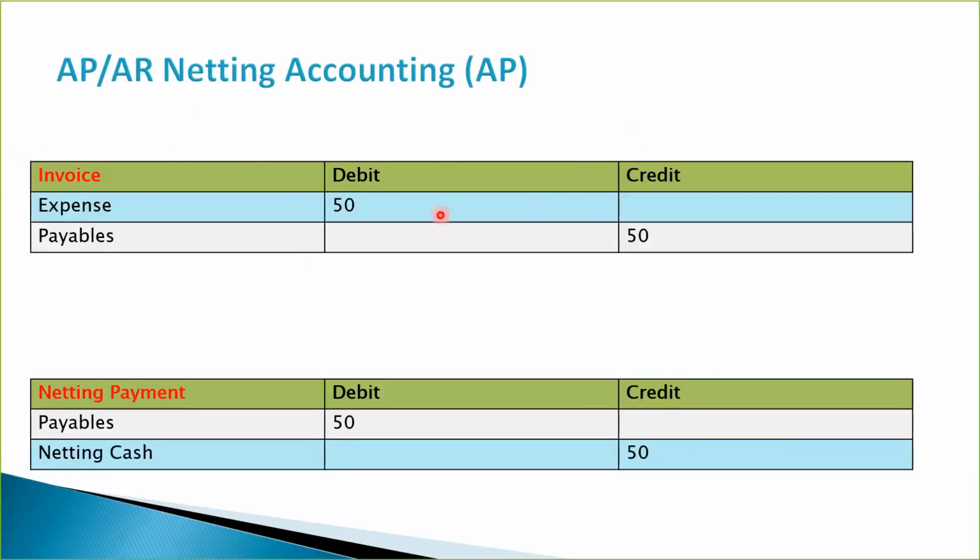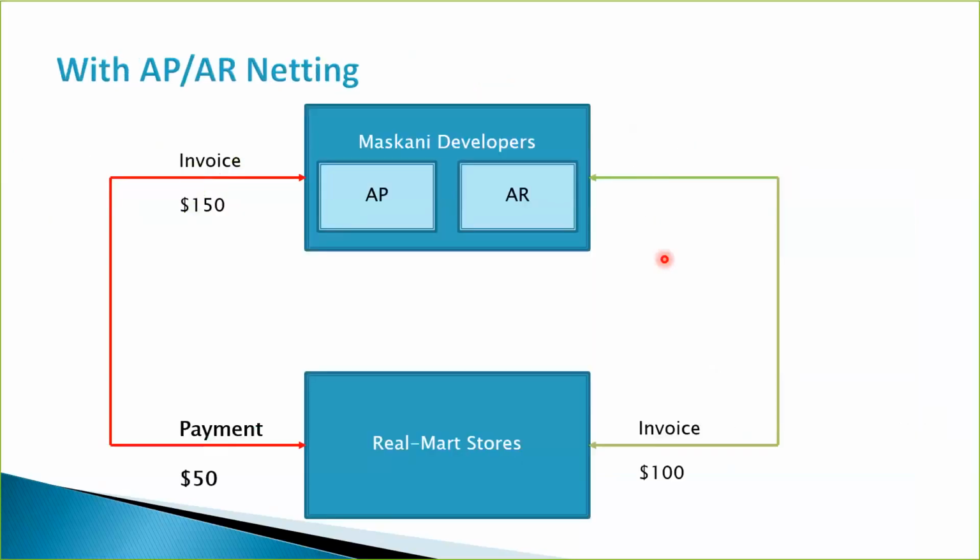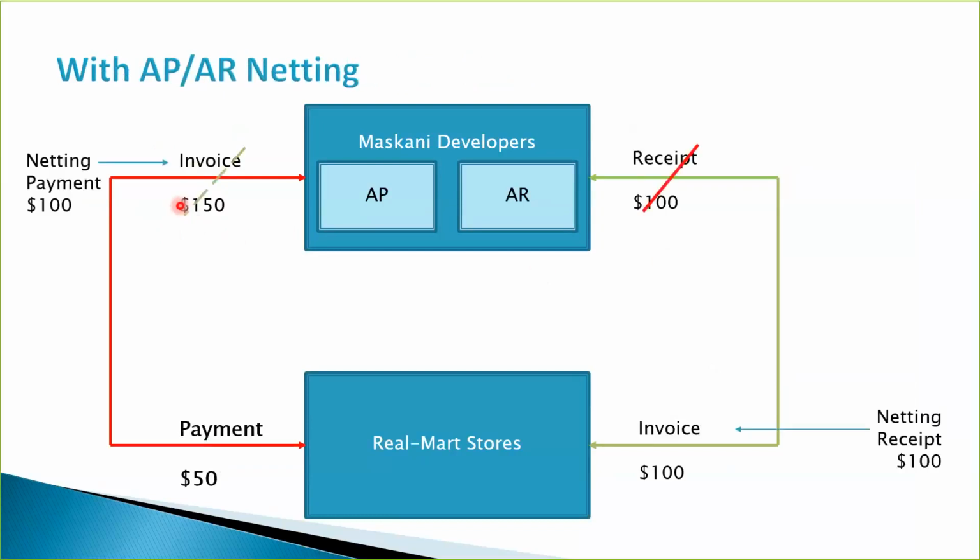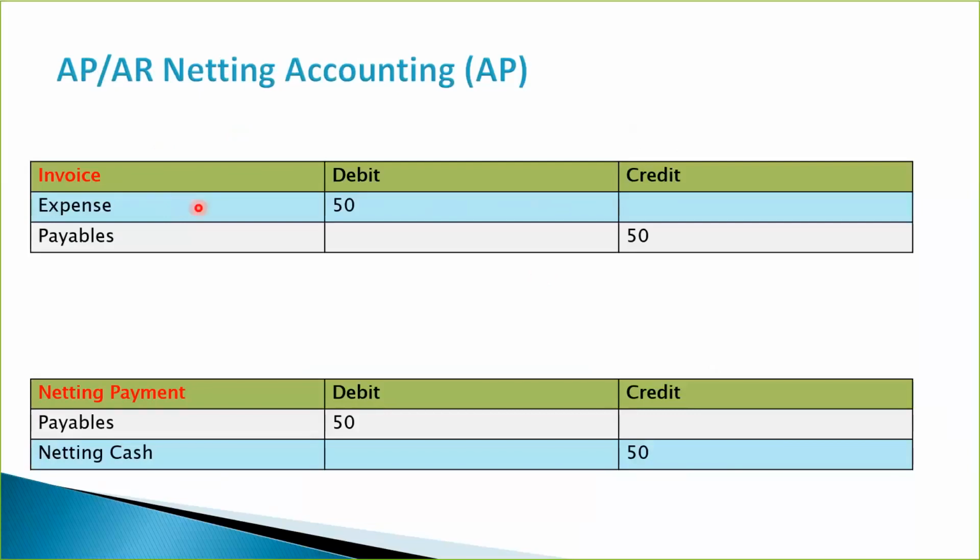We debit our expenses and we credit our payables. Okay. So going back to this scenario, when we receive the invoice from the supplier, all right, this is the accounting that's created.